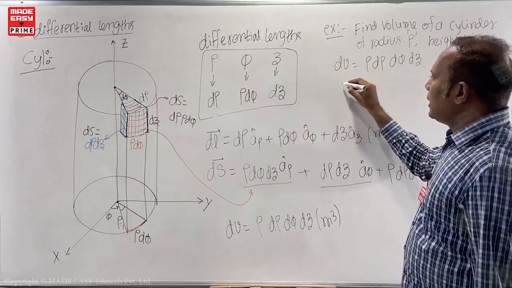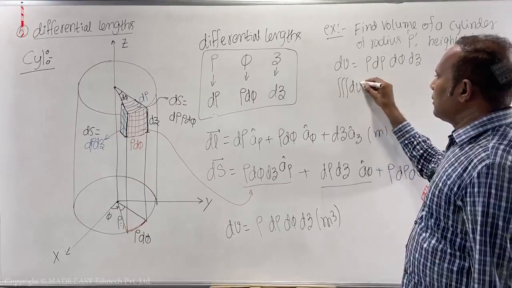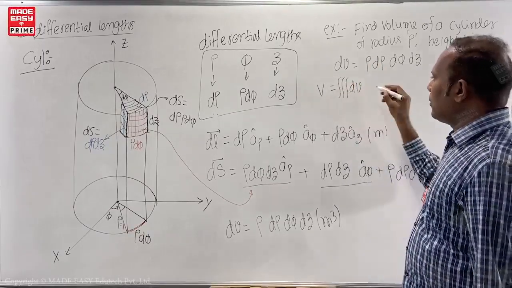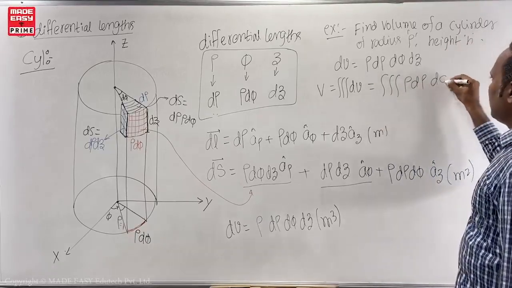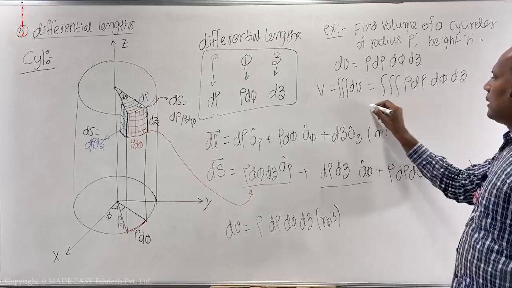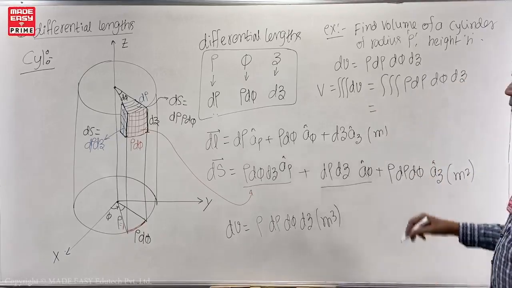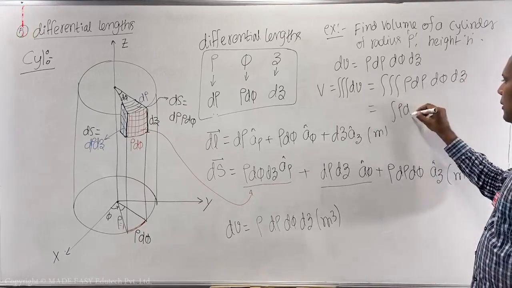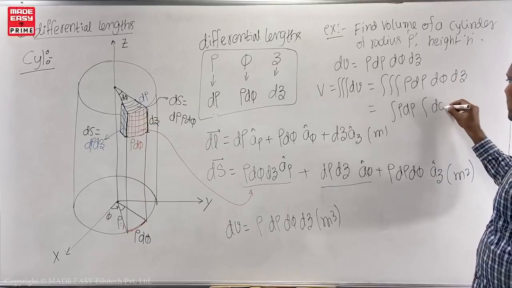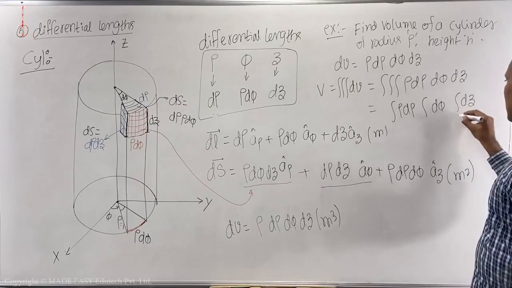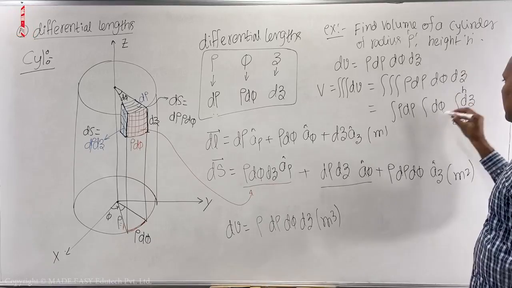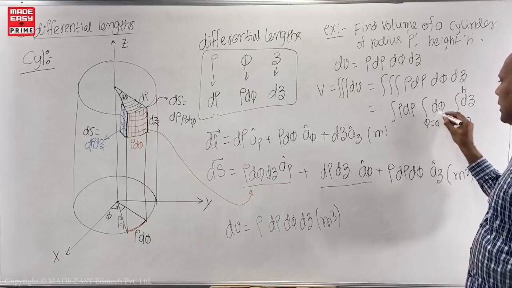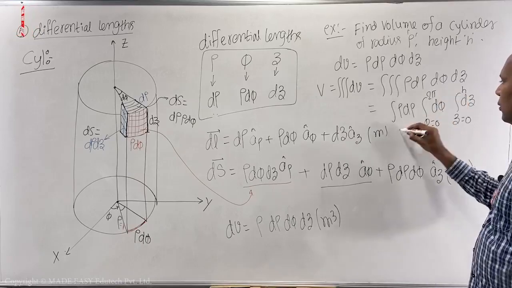So if you take the triple integral, then you get the total volume, that is equal to the triple integral of rho d rho d phi dz. Now you have to separate the rho terms, the phi terms, and the z terms. Here the height is given, 0 to h. I told you for a circular cylinder the phi angle varies from 0 to 2 pi.